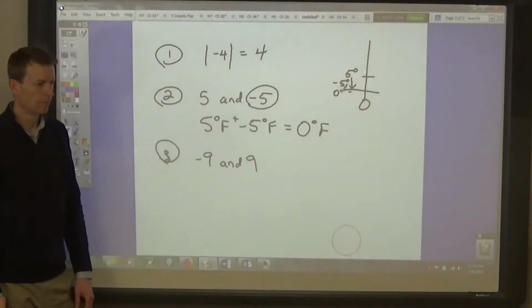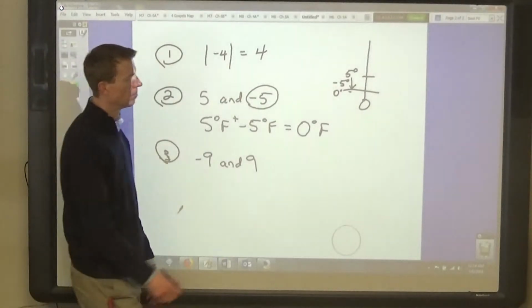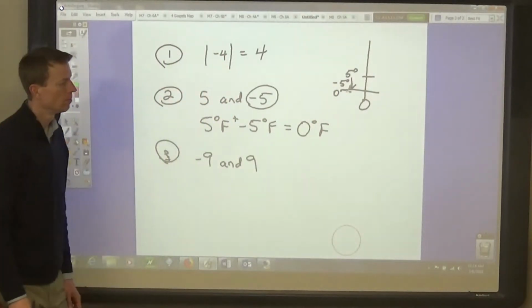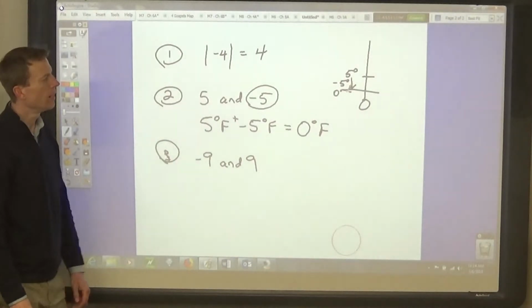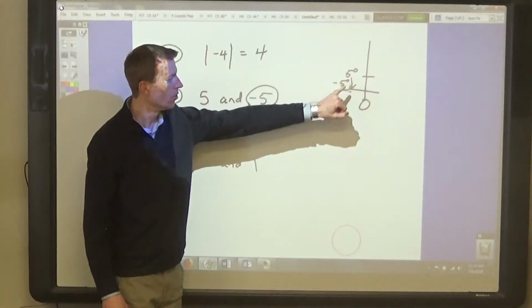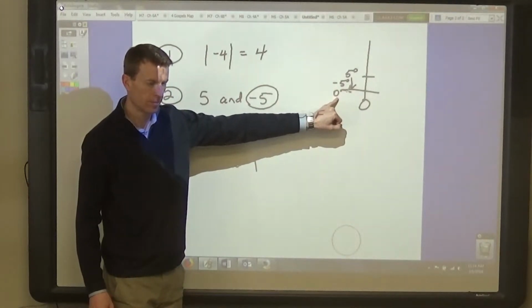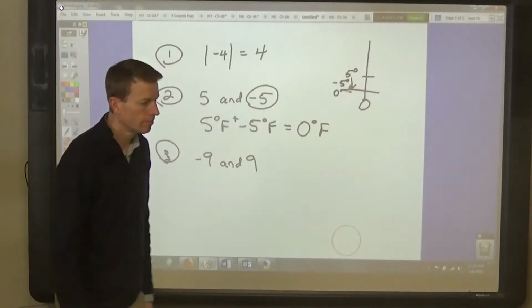But I said adding, so 5 plus negative 5 would equal 5, because negative 5 basically isn't anything, you're still minusing no matter what you do. That's not adding, that's subtracting.